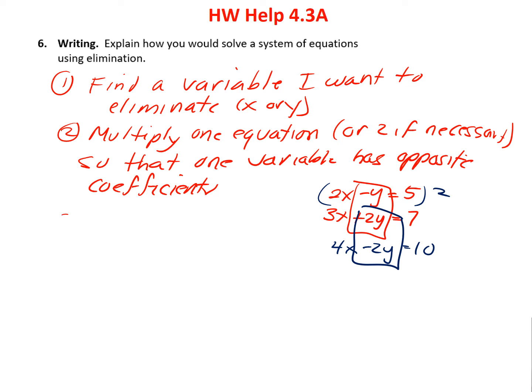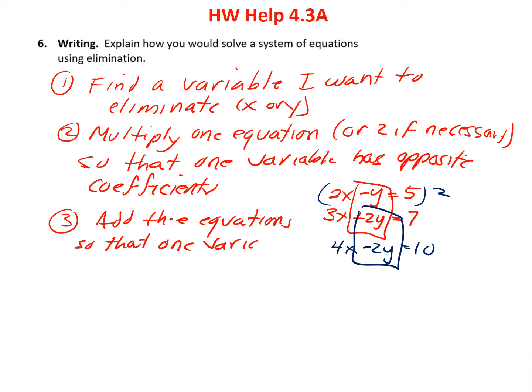Then the third step: add the equations so that one variable is eliminated. Then 4, solve for the remaining variable.